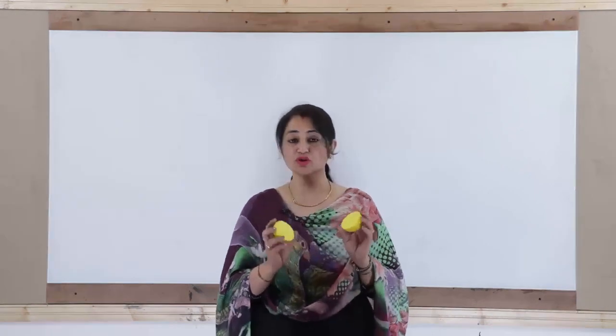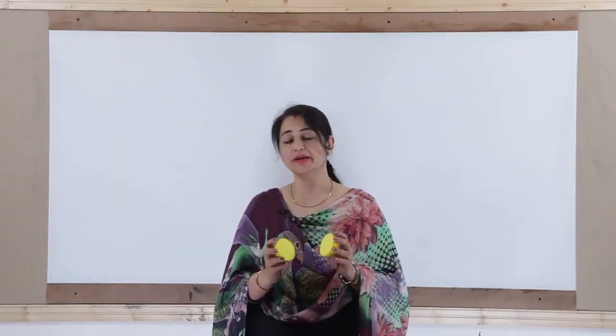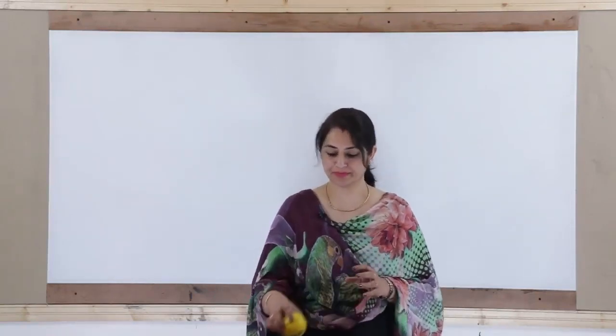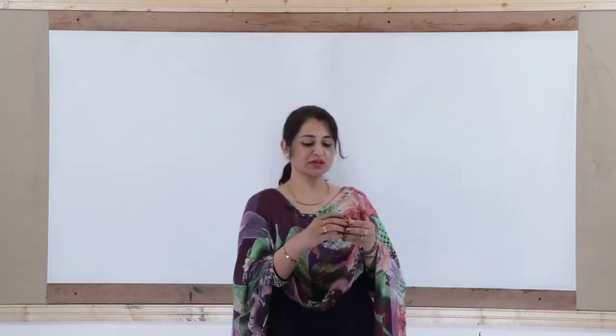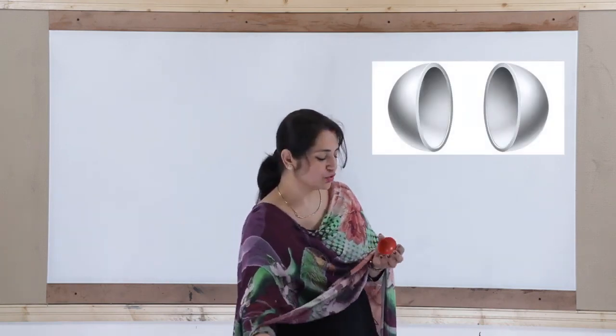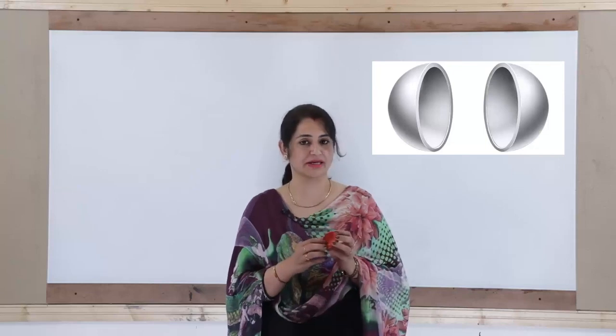Now this ball was solid, so we got two solid hemispheres by cutting it from the middle. Now suppose if I have a sphere that is hollow from inside. See, like this. It was a sphere and I have cut it into two parts. So I have got two hemispheres that are hollow from inside.